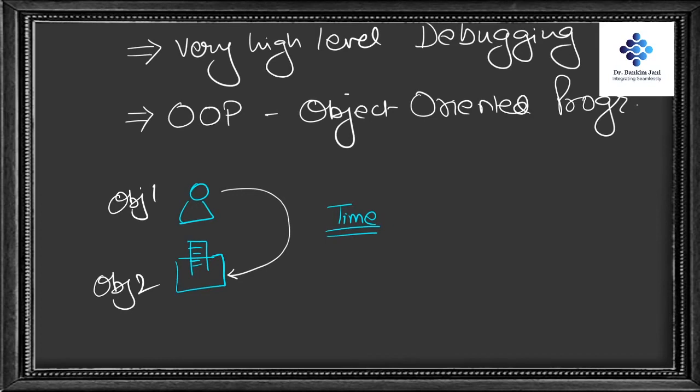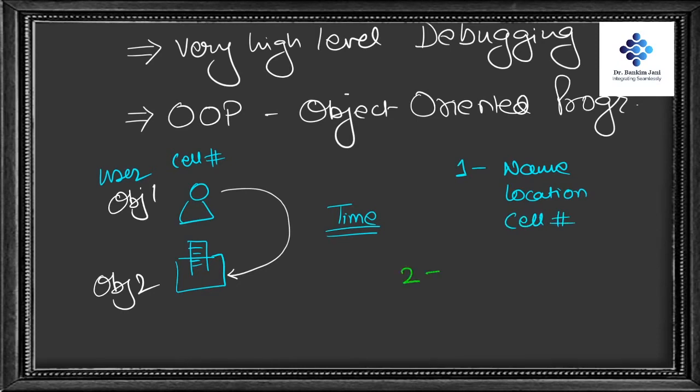If this is a user object, then this user object will have properties, let's say name, location, and phone number. I'll write it as cell number. This is user object 1.